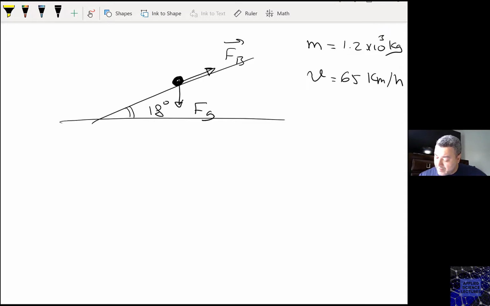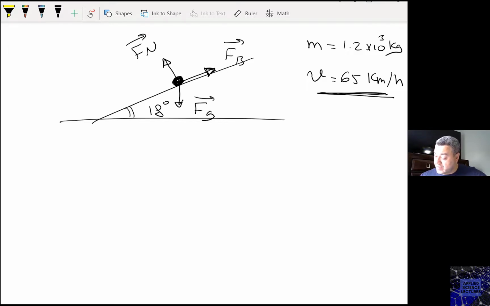We have Fg here, we have Fn here. So we have the constant force applied by the brake that's taking it from this speed, 65 kilometers per hour, to 0.